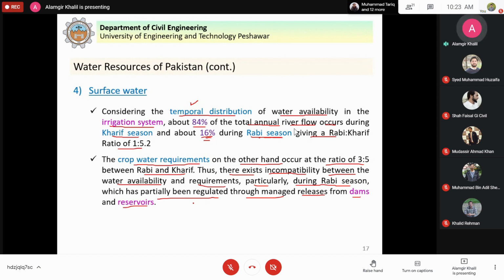This is the reason why we have to manage the water through a network of dams and reservoirs and a network of canals, distribution, and this is the reason why we have irrigation and irrigation engineering.